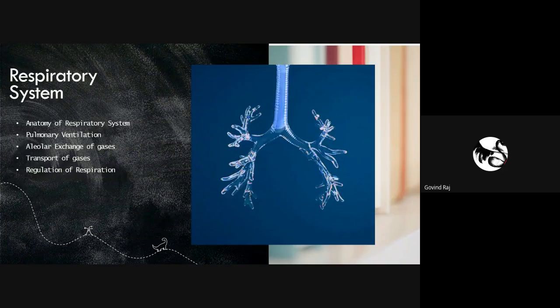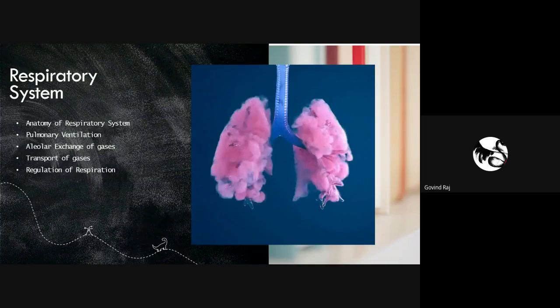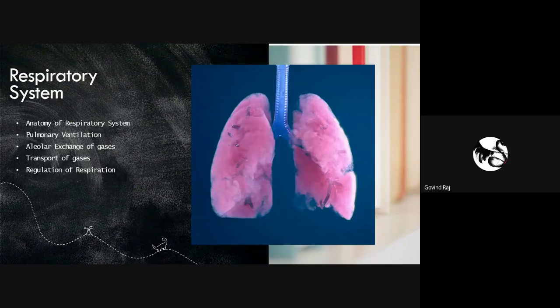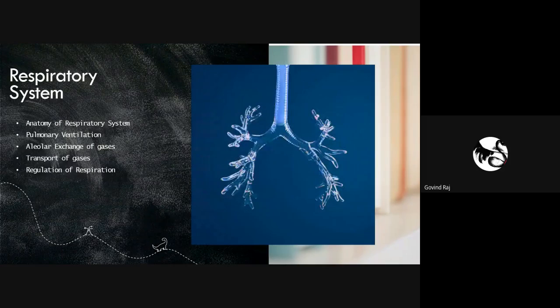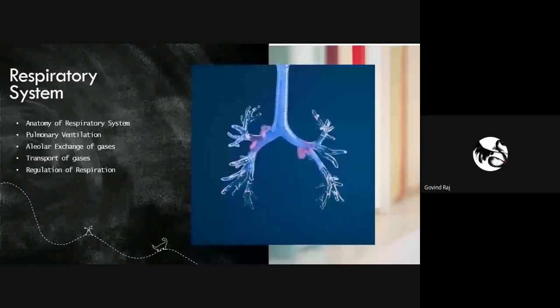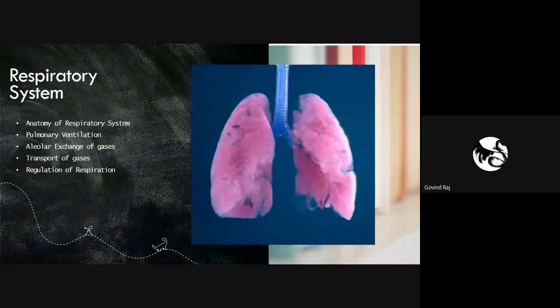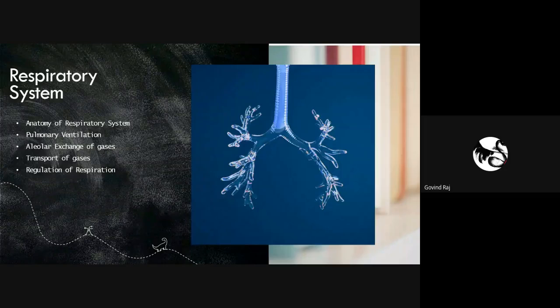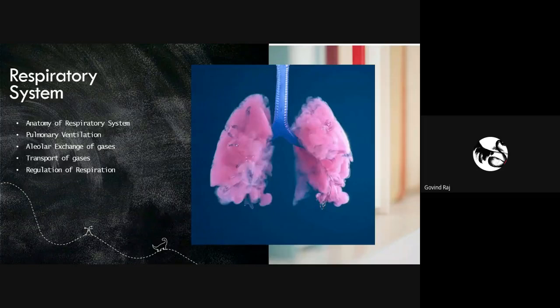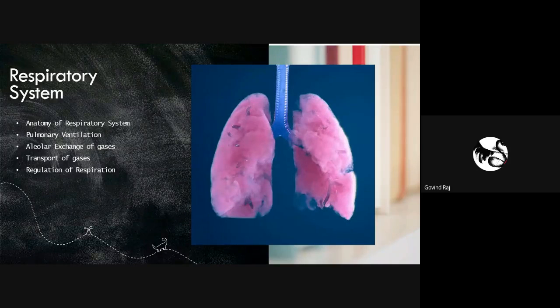The topics we are going to deal with are the anatomy of the respiratory system, pulmonary ventilation, alveolar exchange of gases, transport of gases, and regulation of respiration. So let's move on.